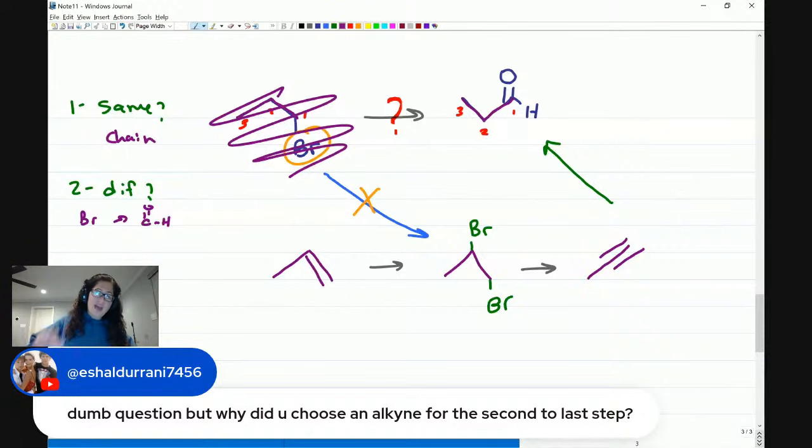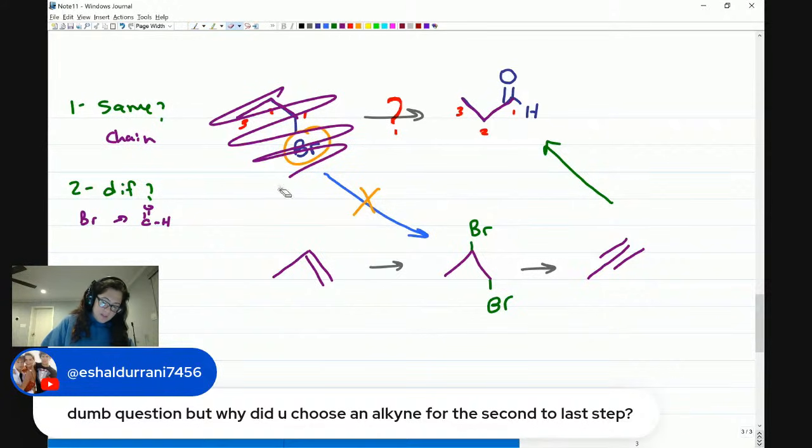The one reaction that I know at the Orgo 1 level that gives me an aldehyde from something else is an alkyne reaction. And that's why I did an alkyne, because what I'm trying to do is ask myself, if I need an aldehyde, where does that come from? It comes from the alkyne. So one step back, I have an alkyne, which came from a dihalide, which came from an alkene.